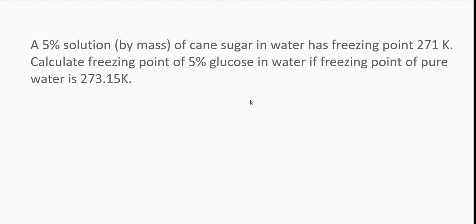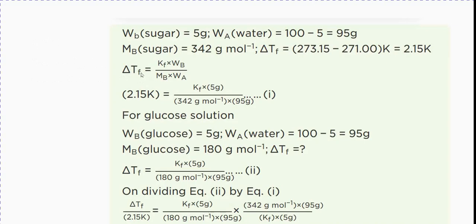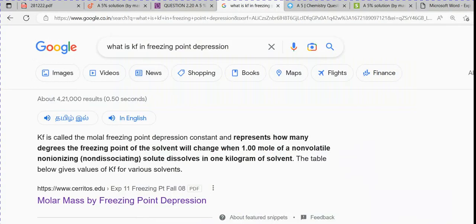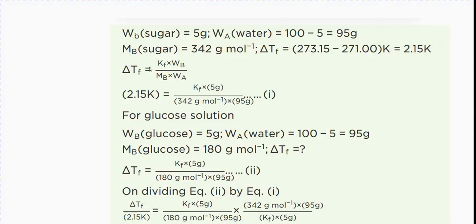So we are using the formula: the difference in freezing point, ΔTf, is equal to the molal freezing point depression constant into the mass of the solute by the molar mass of the solute into the mass of the solvent.